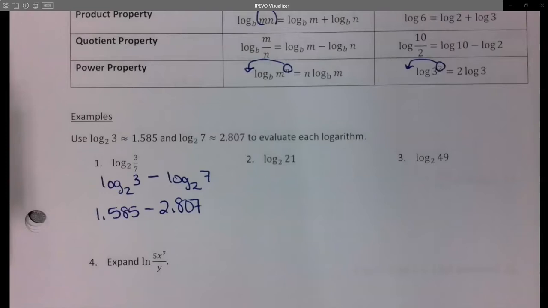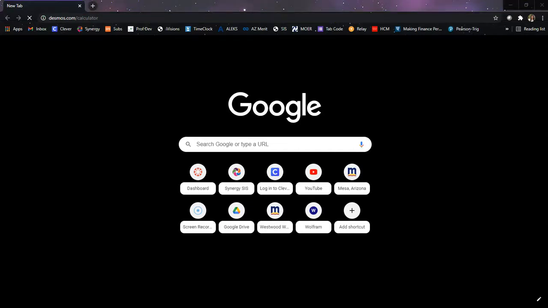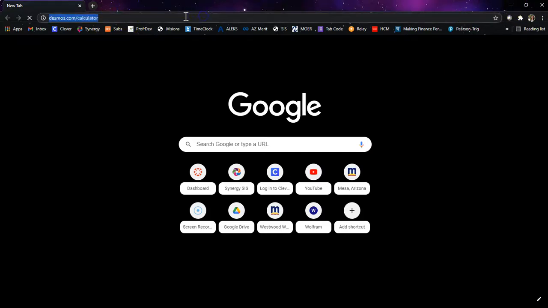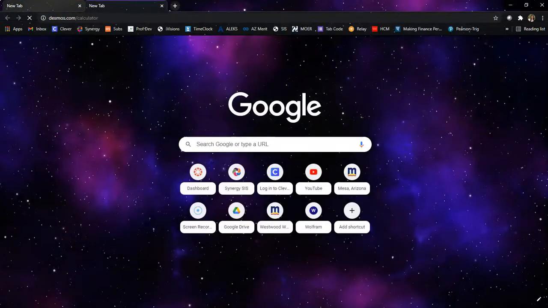Then I actually want to go ahead and subtract those. So let me go to decimals. Is this gonna work? Doesn't look like it's out. Oh, I don't need decimals for this.